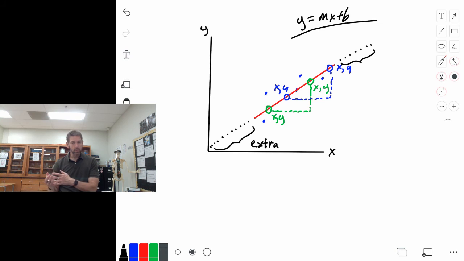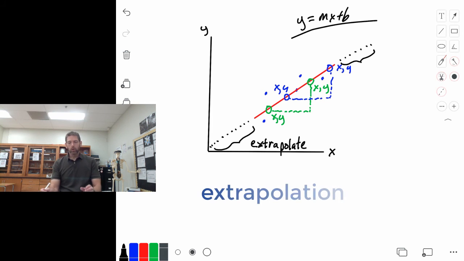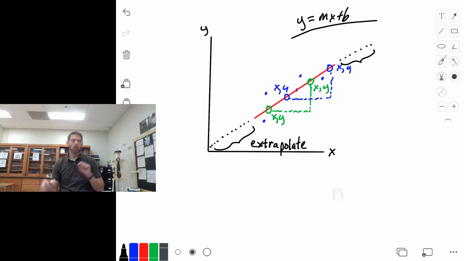That kind of makes sense. So this is called extrapolation. When we look at points that are above or below, greater or less than what is on the trend line, we are extrapolating data.